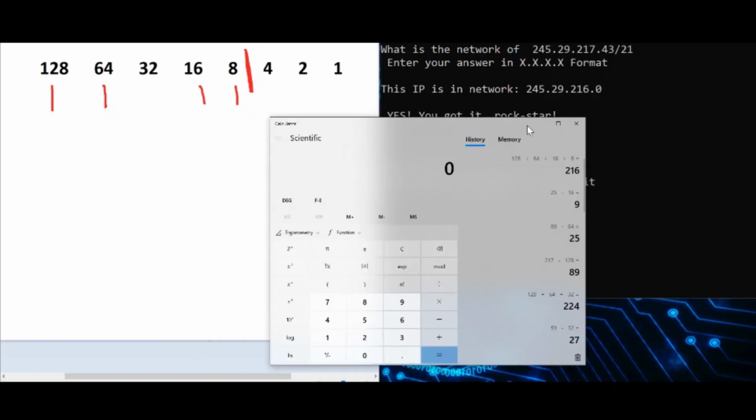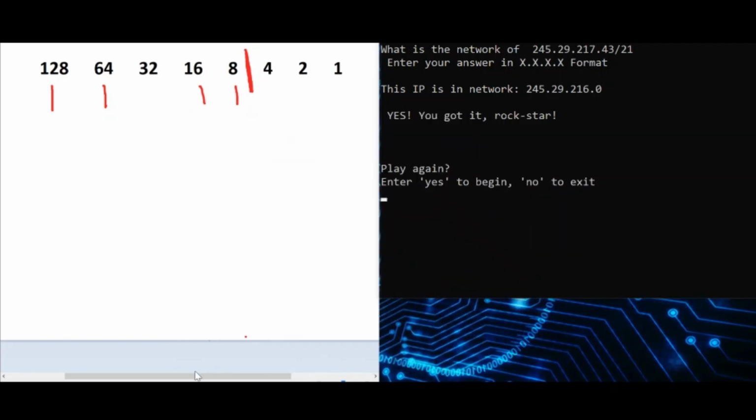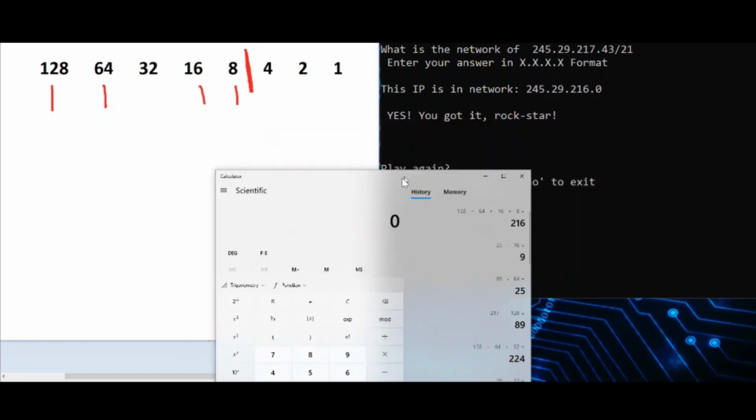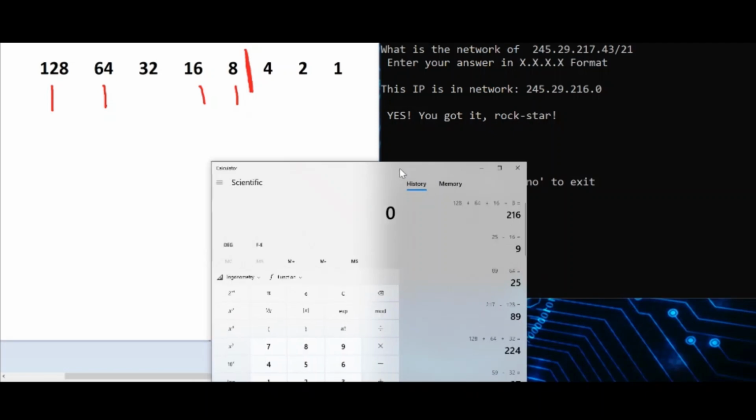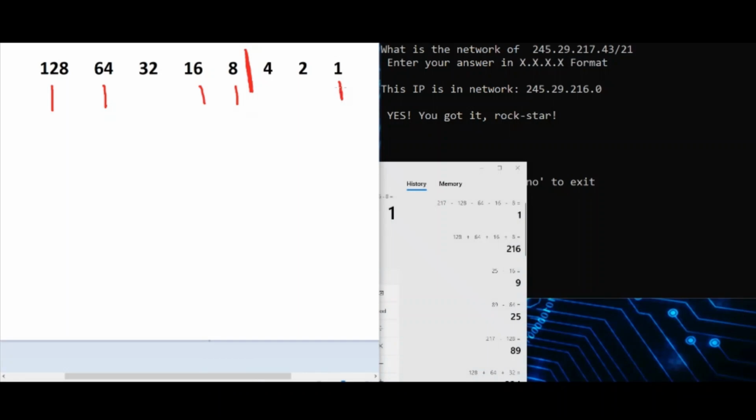Now, just for those of you who could use a little bit of review, you should have watched the binary, so you already know this, but 217 minus 128 minus 64 minus 16 minus 8. We have 1 left, so we'll turn that on.